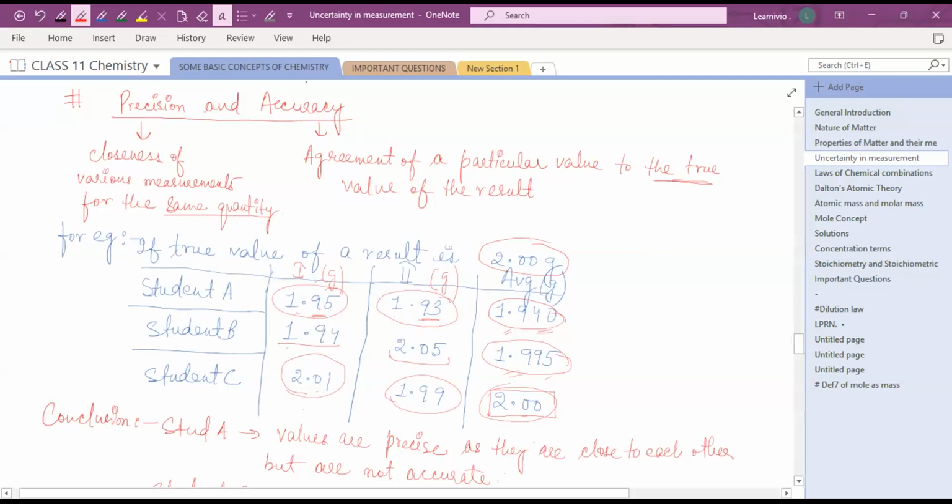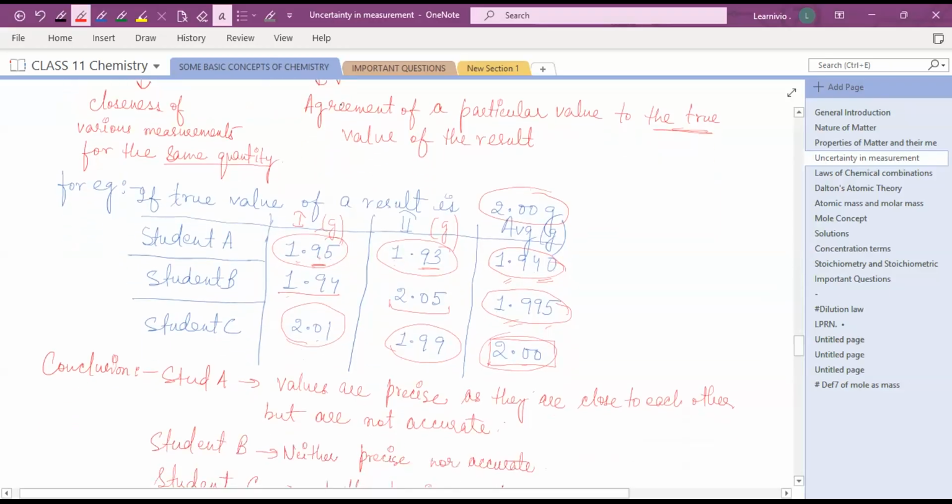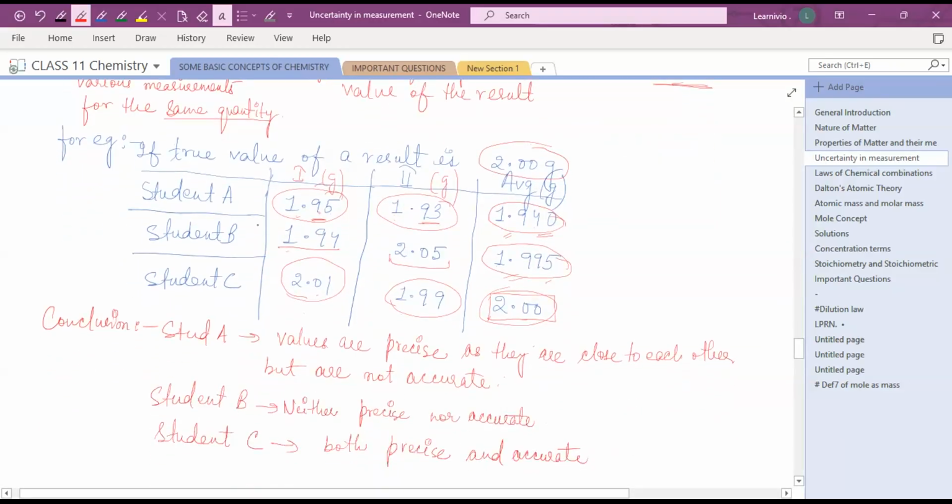It means a result is accurate when the true value equals the average value. For example, if the true value of a result is 2 gram, and three students perform an experiment and note down a first and second reading, they take the average of these two readings.